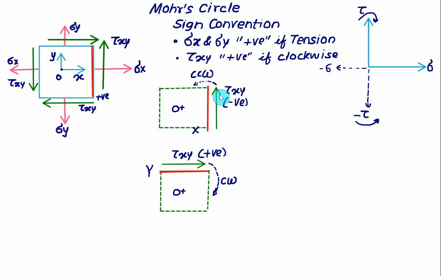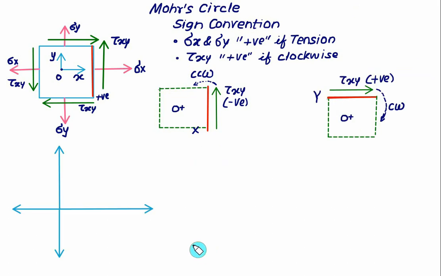If it is acting upward and you take the rotation of the shear stress about O, then we observe the rotation is counterclockwise. If the rotation is counterclockwise, you have to take it as a negative value. And for the y face, that is this face here, the shear stress is acting rightward. So if we take the rotation of the shear stress about point O, then the rotation will be clockwise, and a clockwise value you have to take as positive. So these are the sign conventions used in the case of the Mohr circle.